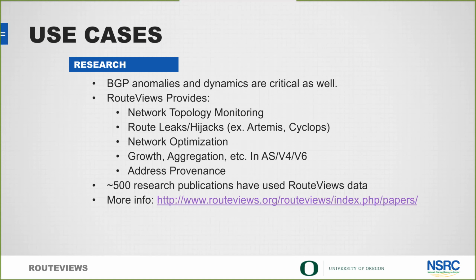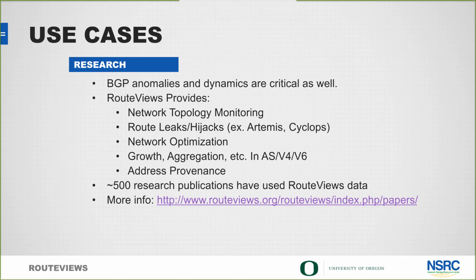In addition to that, we have a lot of folks that want to study those anomalies. So by making our data set public to anyone, we give researchers the ability to look into network topologies, to look at those route leaks and hijacks via different tools like Artemis and Cyclops.